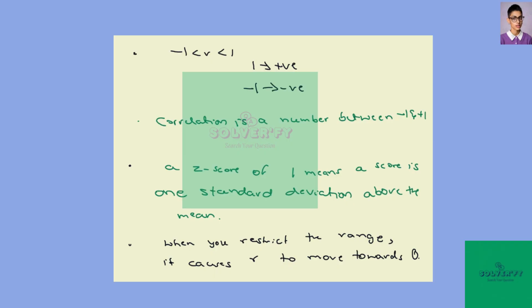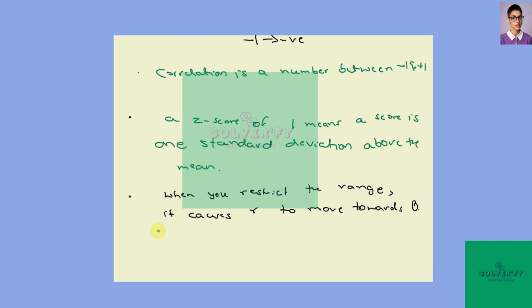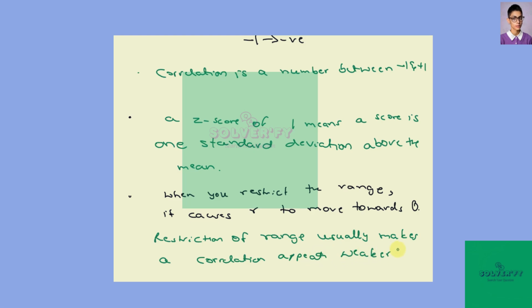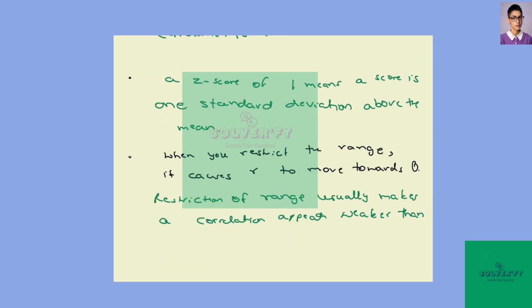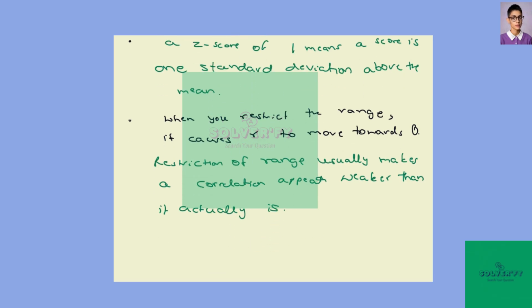So here the answer is restriction of range usually makes a correlation appear weaker than it actually is.